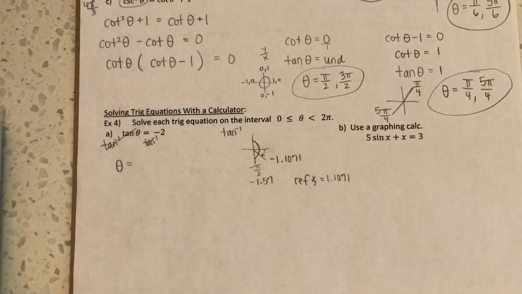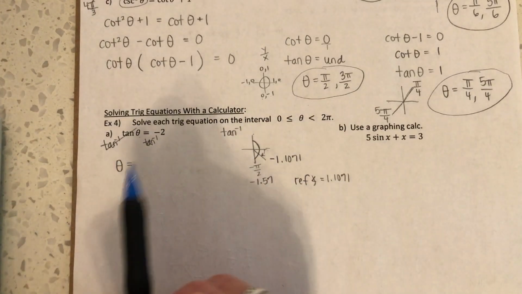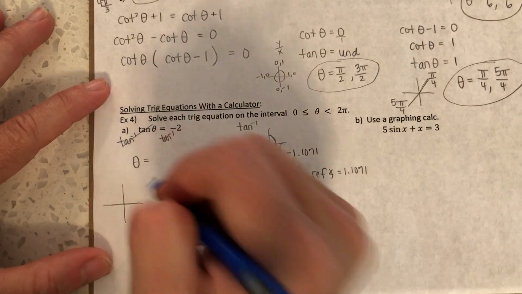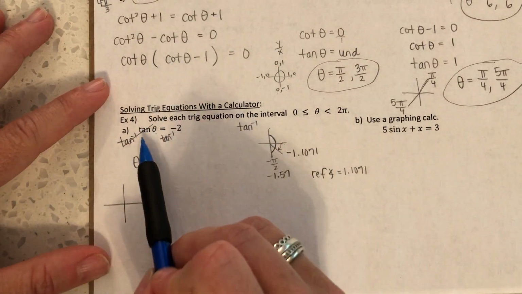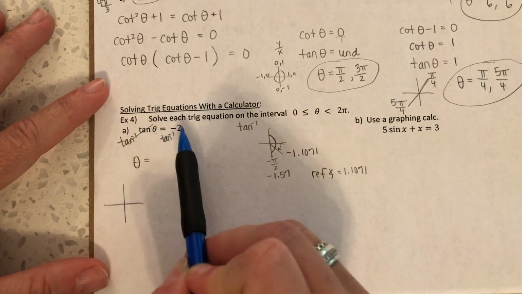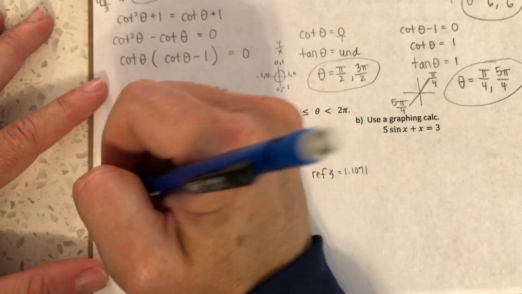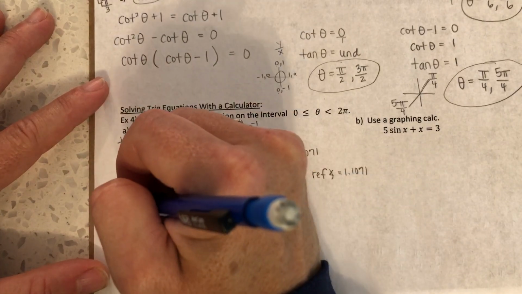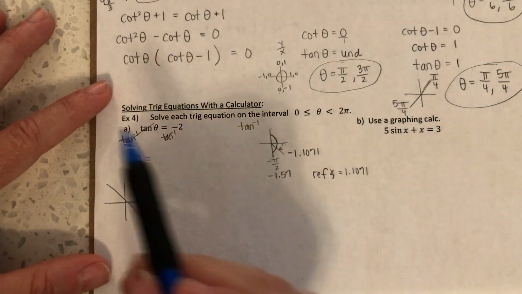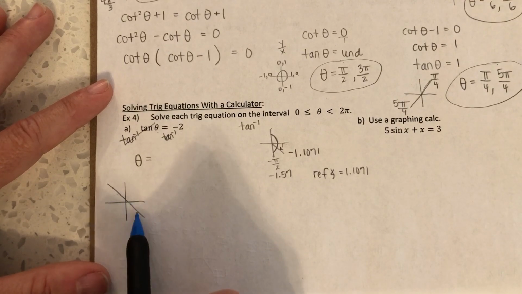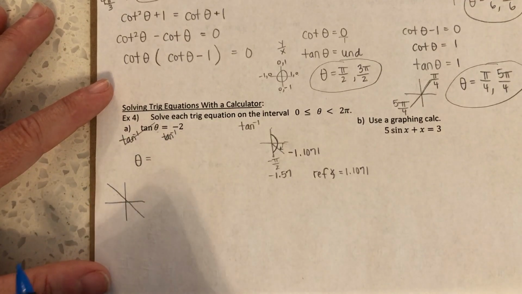Okay, so now we already know that the angles between 0 and 2 pi that make this true, right? According to All Students Take Calculus, if the tangent of an angle got you a negative ratio, then you must have been taking the tangent of an angle in quadrant 2 or quadrant 4, right? Those are the two quadrants where the tangent gets you a negative ratio, like a negative 2.